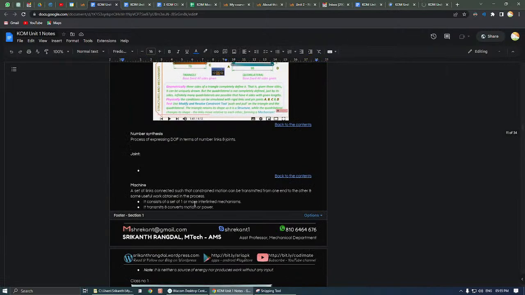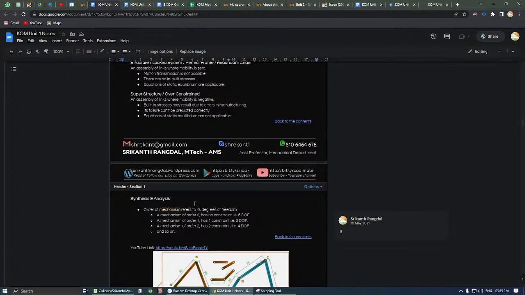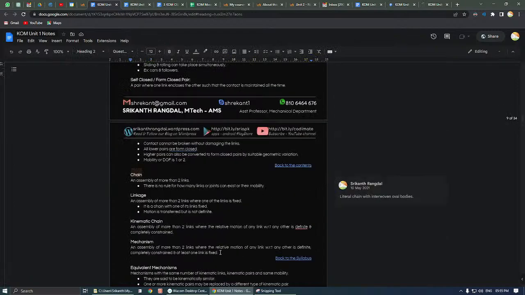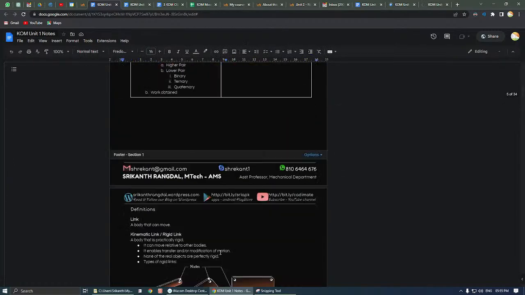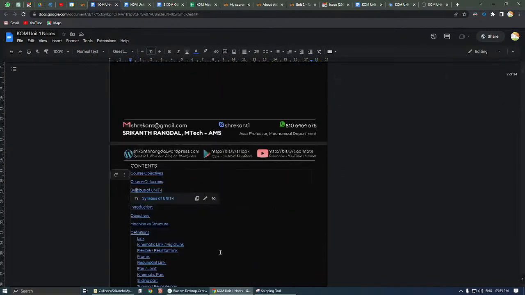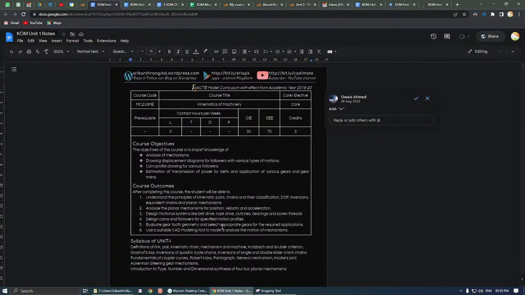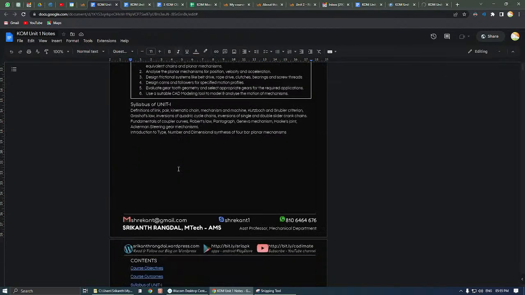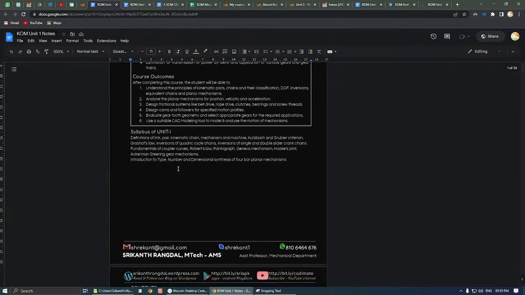No. Straight line mechanisms are not even a part of the syllabus earlier. It's ridiculous. Intermittent Geneva mechanism, Hooke's joint. These are the only things we're doing.